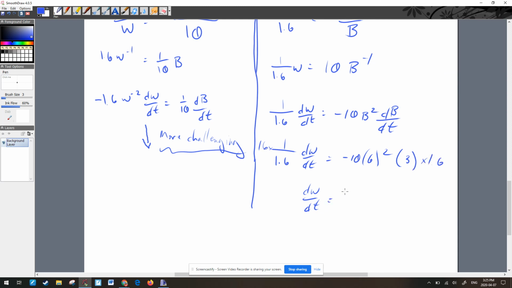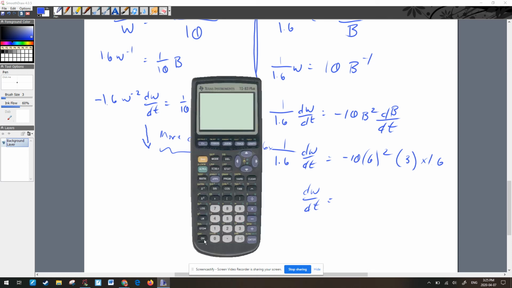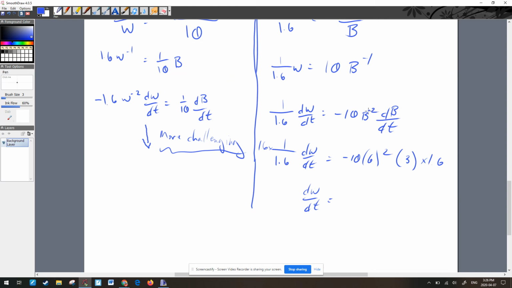And we're going to then drop that all into our calculator and see what the value is. So what do we have? We have negative 10 times, oh, hang on, that's to the, dang it, that's to the negative 2. In class, someone would have pointed that out to me. So that's 6 to the exponent negative 2.